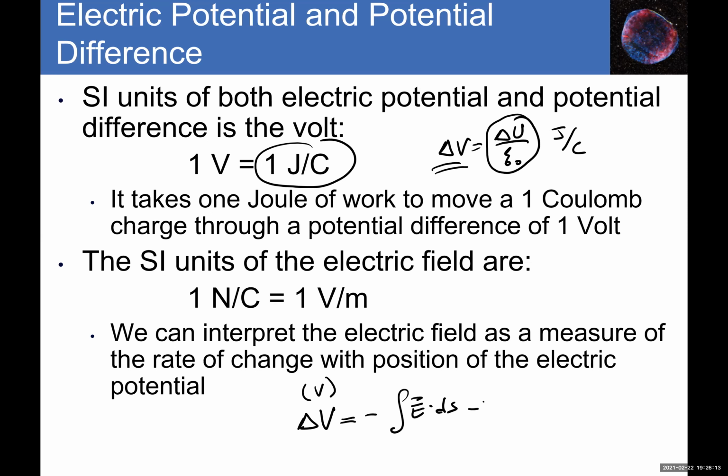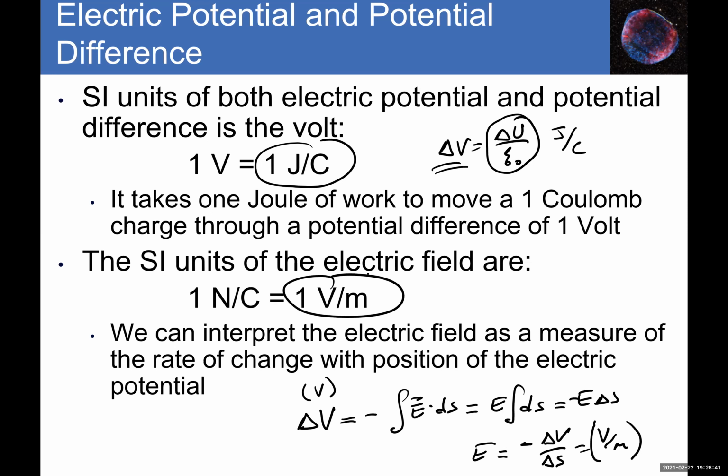If the electric field is constant, I can remove it from the integral and just integrate ds, which gives E times delta S, negative. Then the electric field equals negative delta V over delta S, which is volts per meter, and that's a unit for the electric field.